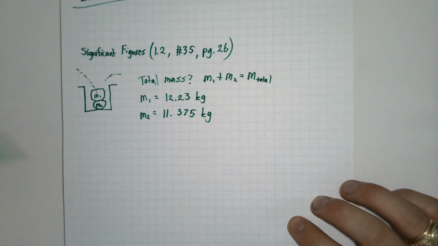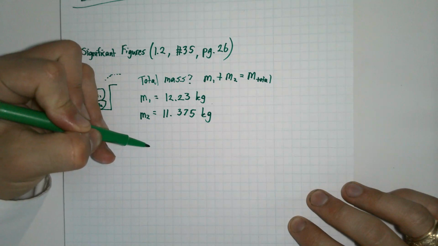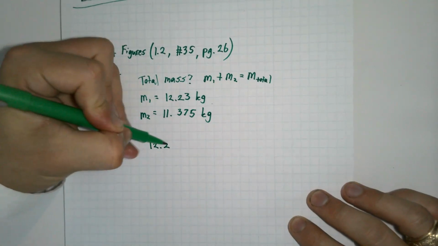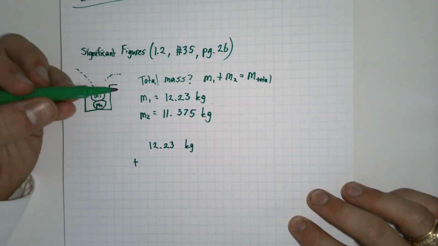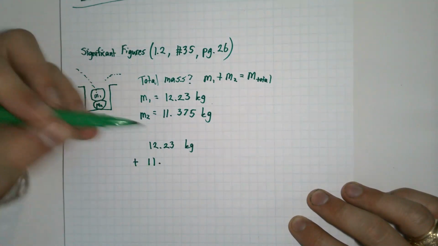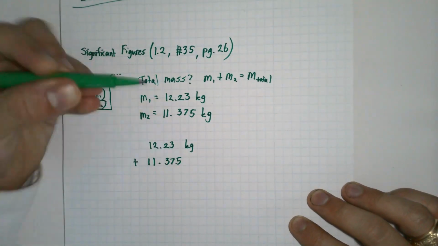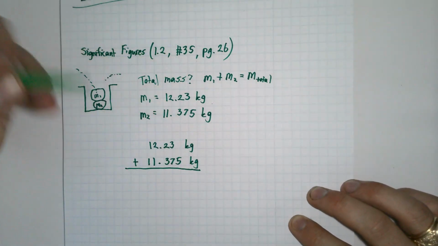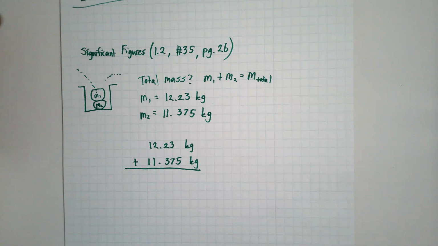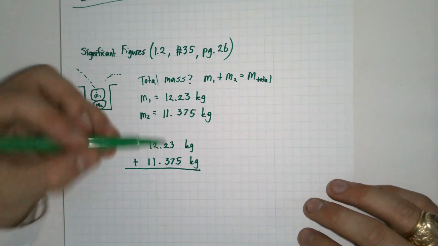We can represent this by a simple addition problem of taking 12.23 kilograms, adding that to 11.375 kilograms. So significant figure problems always begin as a basic question of arithmetic. We simply add down.